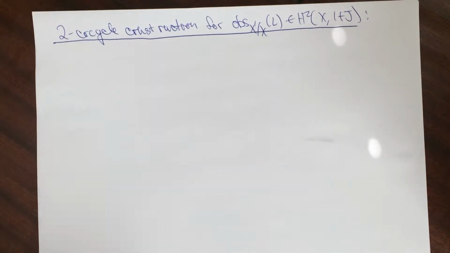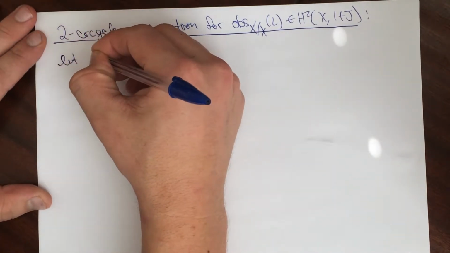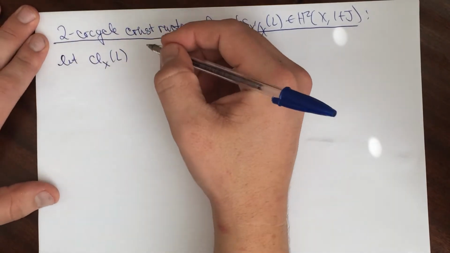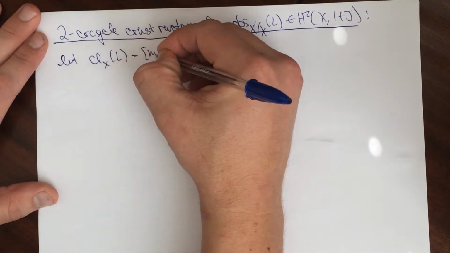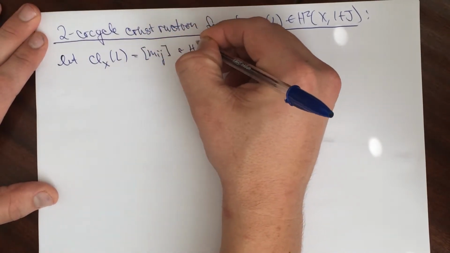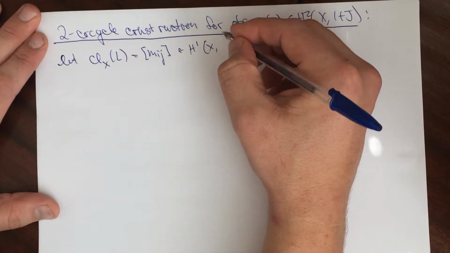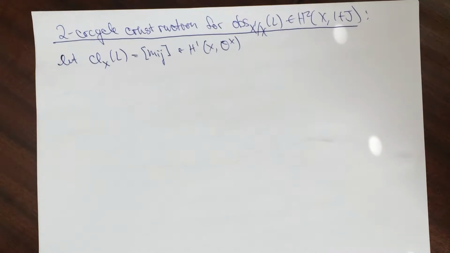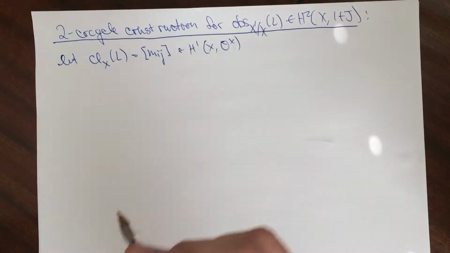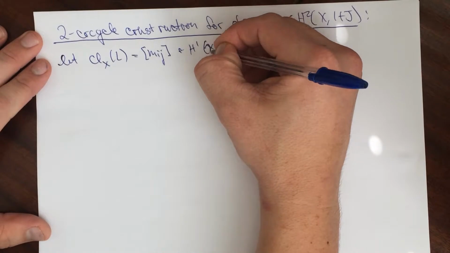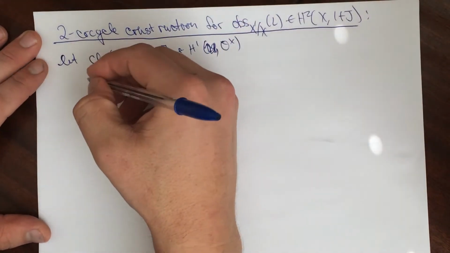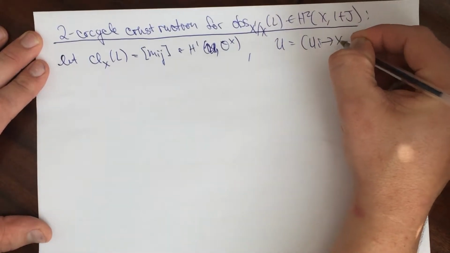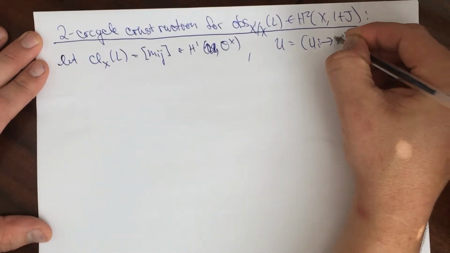So let the classifying element for the line bundle in H1 of X and O star be represented by Mij. So this multiplicative cocycle, let's put a U here, where we're fixing a cover of X, so not X prime, just X here.